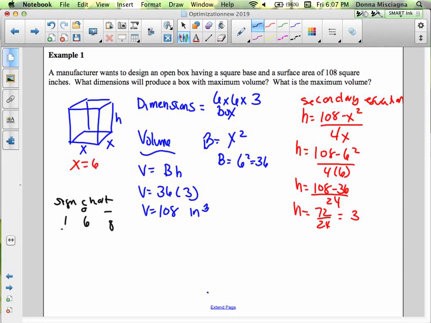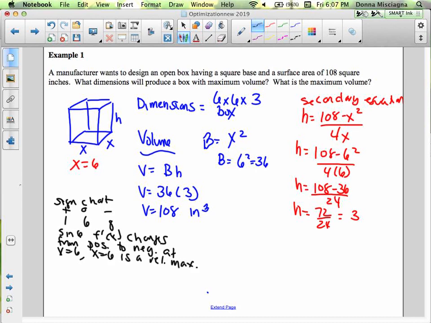So this one was positive. Since f prime of x changes from positive to negative at x equals 6, x equals 6 is a relative max.